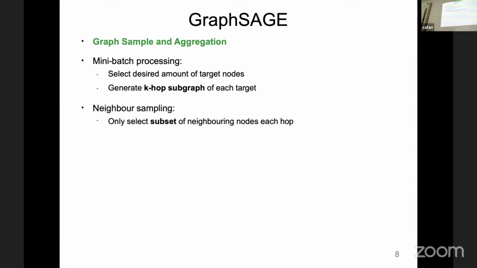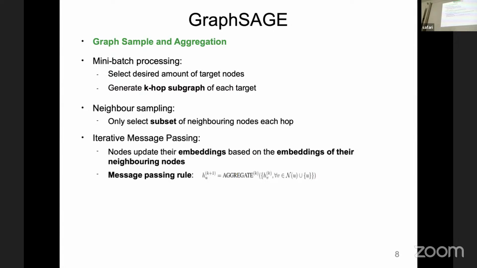We also sample the neighbors only in subsets, so we don't need to worry about nodes with a high degree. To compute the feature vectors, they use iterative message passing. For basically every hop, there's an iteration for feature computation and aggregation.